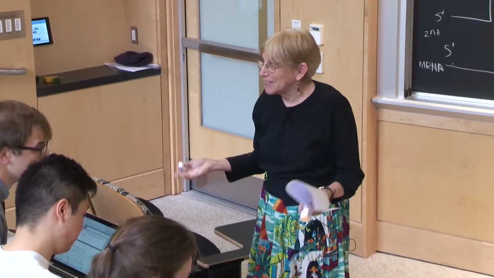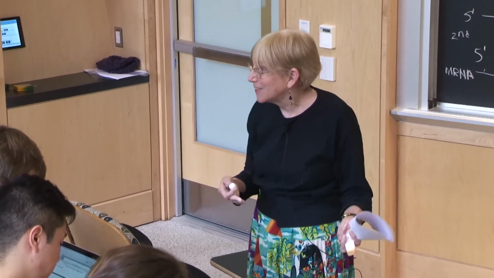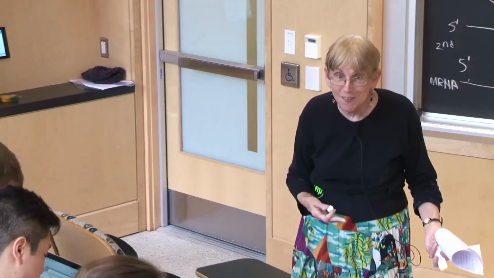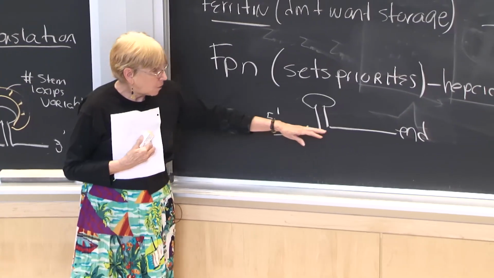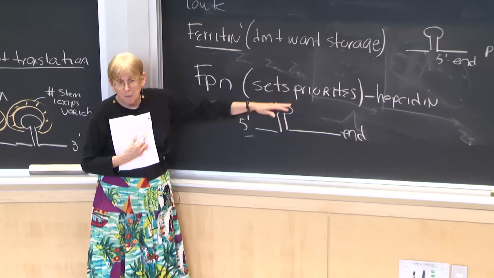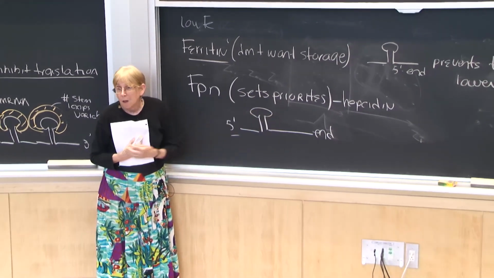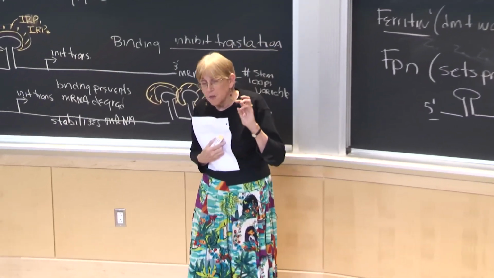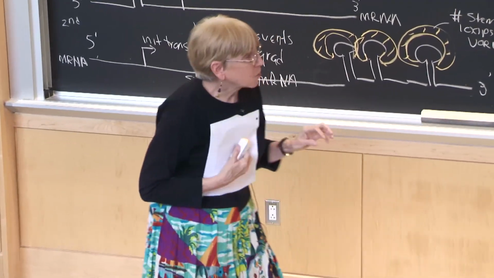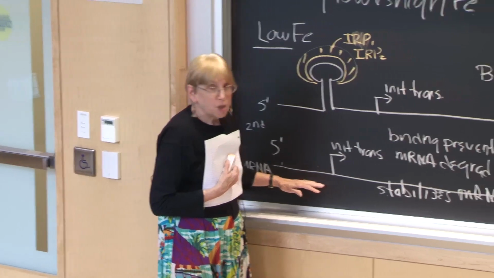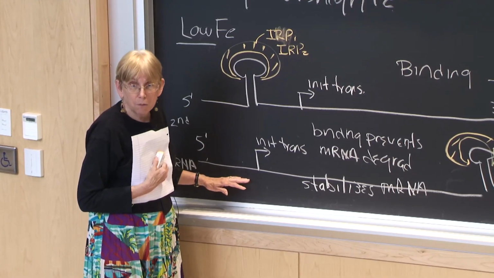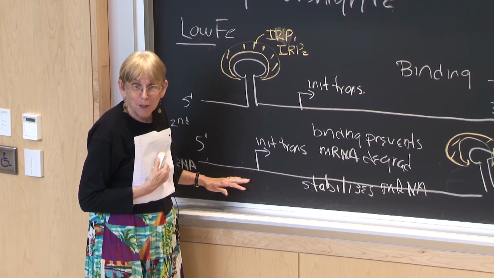Okay, and some of these, as I'm saying, are easier to rationalize than others. The ferritin one is really easy to rationalize. The ferroportin is easy to rationalize based on what I just told you. But what you see also is that in some of these systems, I don't know how much you guys have thought about RNA, but you know messenger RNA can be spliced. In different cells, it's spliced differently.